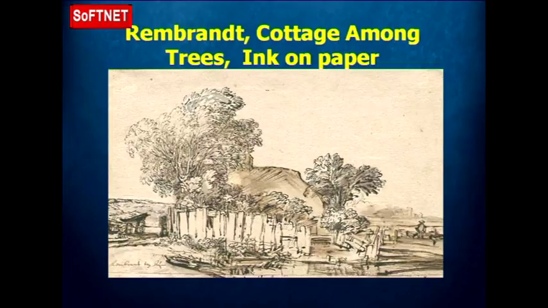And apart from animals, you have something like this, which is a landscape, and again he is using ink and paper. When you look at it, you get a pleasant feeling. You have a sense of light coming from the left side, falling on the tree, and there is a mild breeze where the tree is bending towards the right, onto the cottage.